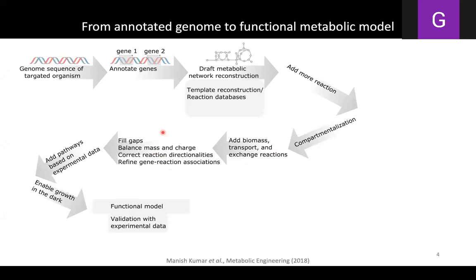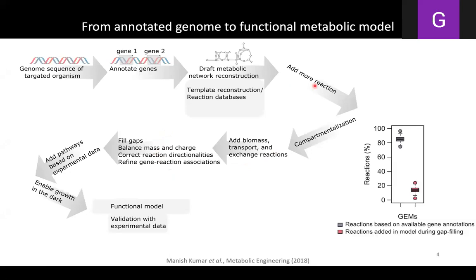For example, we developed these 58 human gut bacteria metabolic models, and we found many gaps in their genomes. So we added approximately 80% reactions to these models to fill these gaps.